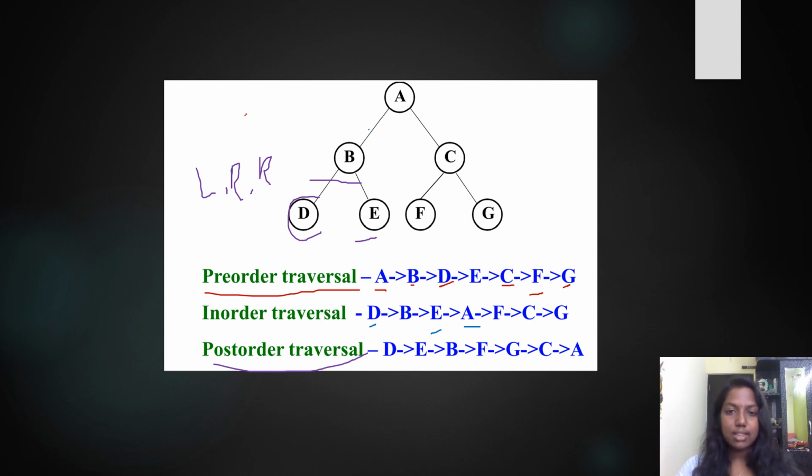So left, right, root, and then this goes to the root. So by the left-right rule, we go to the left, we finish this tree, and then right, we finish this tree, and then we go to the root.